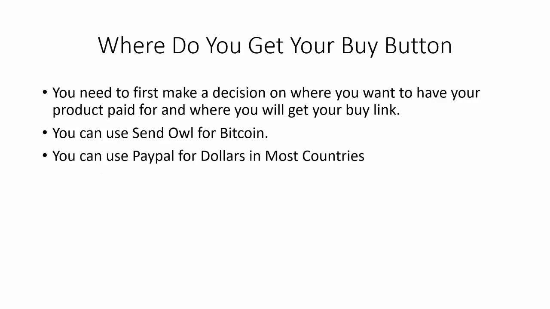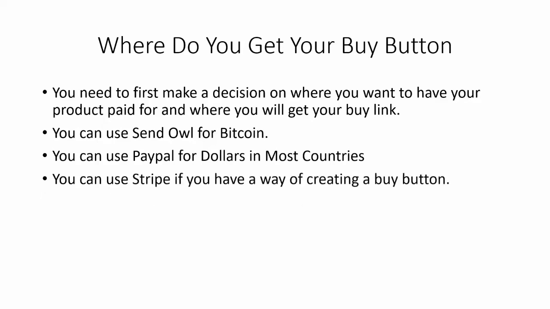So depending on where you are in the world, you're probably going to use PayPal. And if you don't use PayPal, you can use Stripe. And typically, if you're going to use Stripe, you're going to have some kind of third-party intermediary that will turn Stripe's coding into your buy button, right? But if you have Stripe, you have PayPal.